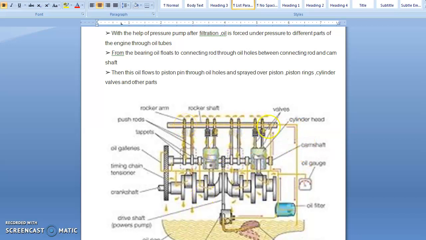Whenever the delivery is there, the moving parts are lubricated by the pressure system, and the pressure is maintained between 2 to 4 kg per centimeter square. So the oil is sucked from this tank and delivered into this main oil gallery.